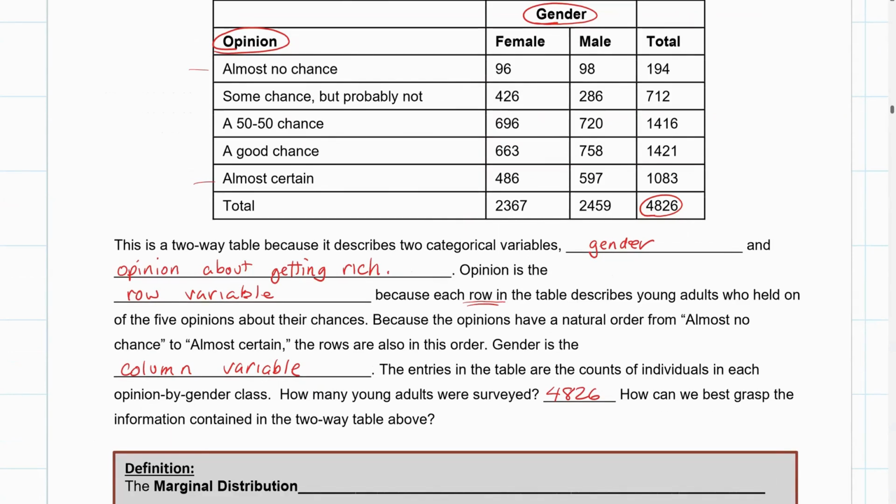How can we best grasp the information from the two-way table? Well, what we're going to do is look at distributions. Now, remember that earlier in the chapter, we described a distribution as the values taken on by a variable and how often it takes on those values. Well, when we have a two-way table, we have two different kinds of distributions. The first one that we're going to talk about is called the marginal distribution.